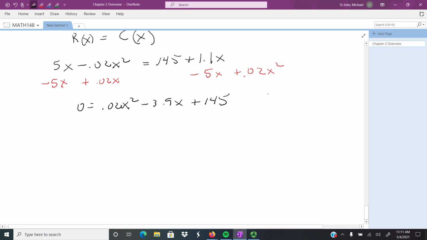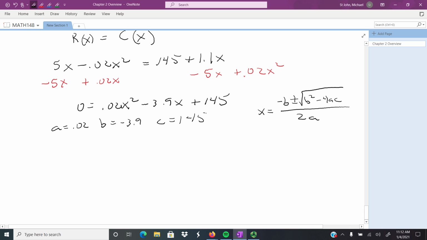Remember that was x equals minus b plus or minus the square root of b squared minus 4ac, all over 2a. So here a is 0.02, b is negative 3.9, and c is 145.